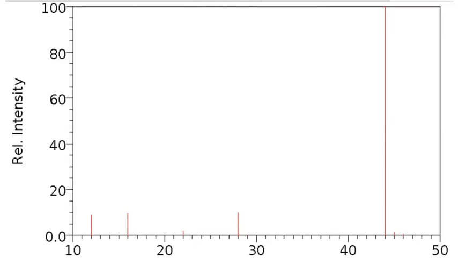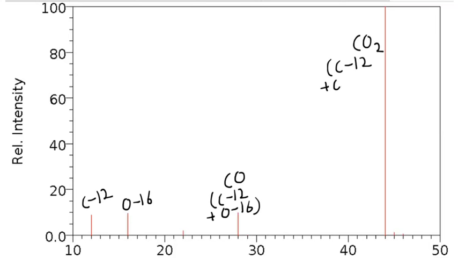And then we've got to figure out what causes 12 and 16 and 28, and then this is kind of confusing right here until we realize, oh, this is just half of the molecule peak. So that's carbon 12, that's oxygen 16, that's a carbon 12 and oxygen 16 together, and the whole thing would be CO2.